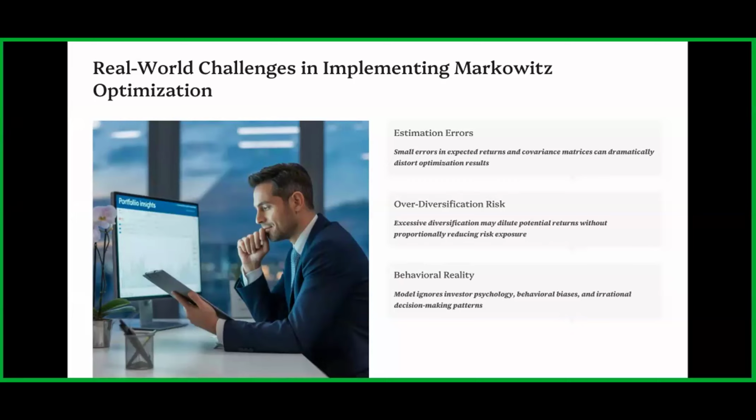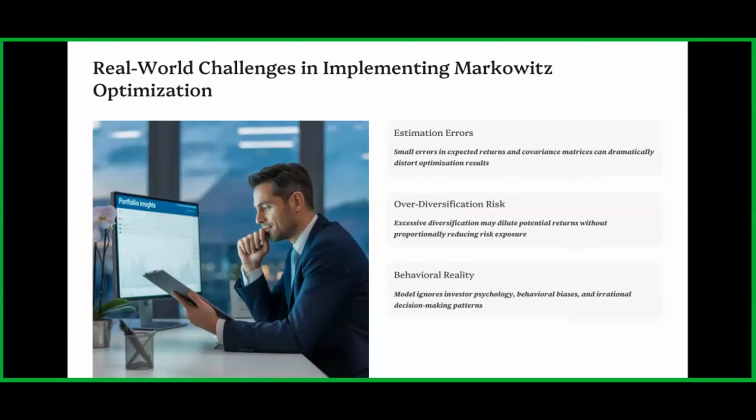That is the estimation error. Small errors in the expected returns and the covariance matrices can dramatically distort the optimization results. That means the investor cannot get a clear idea, and is not in a position to select the different investment options with the maximum return and the minimum risk.